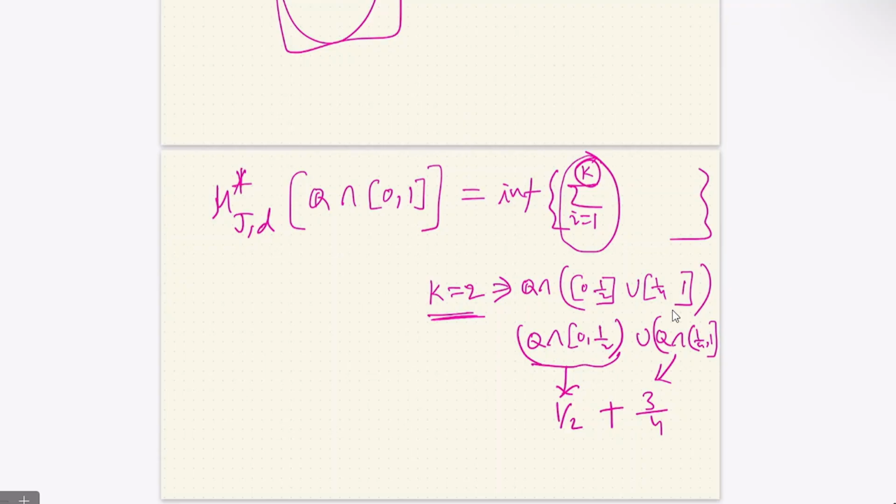And of course you will get the measure 1 if you choose the partition as you said earlier, 1 by 2 comma 1, then 1 by 2 plus 1 by 2 will come. So the measure here is 1 in the Jordan sense, because the finiteness is causing you the problem. The finiteness is allowing you to choose this as a whole piece as 1 by 2 and this whole piece as 3 by 4.